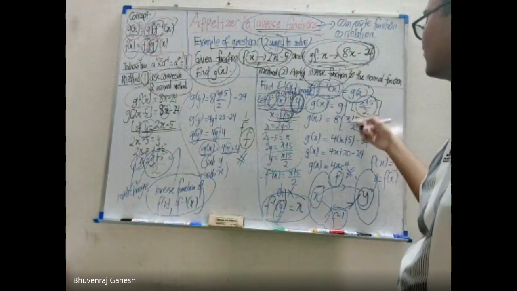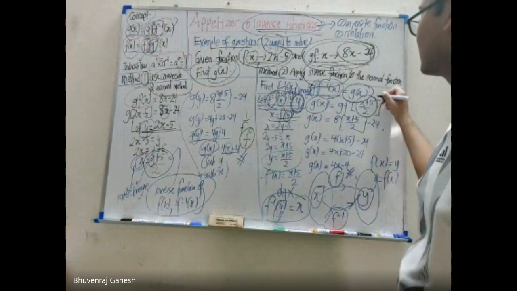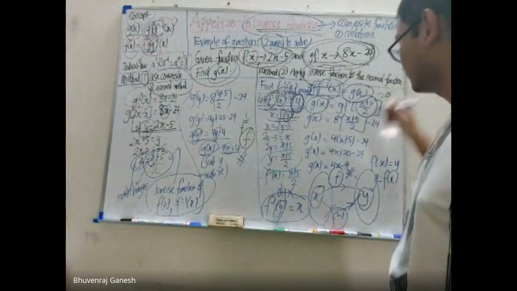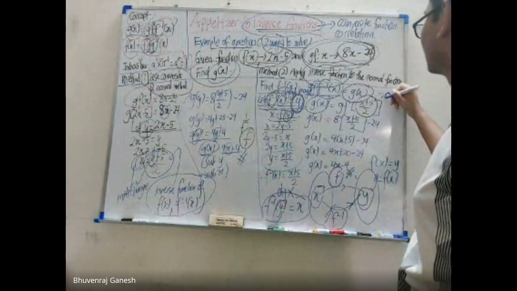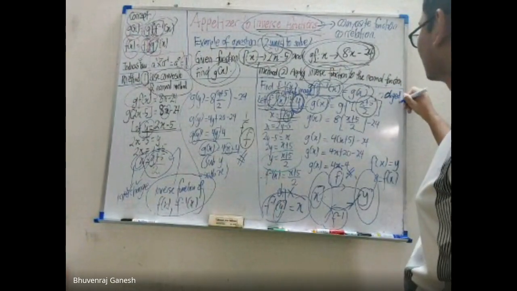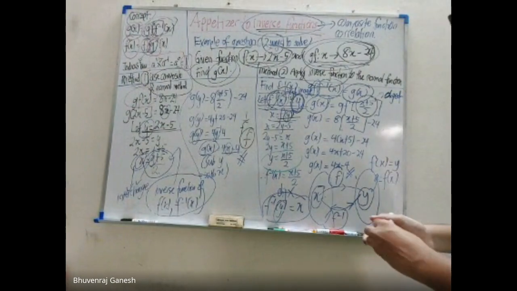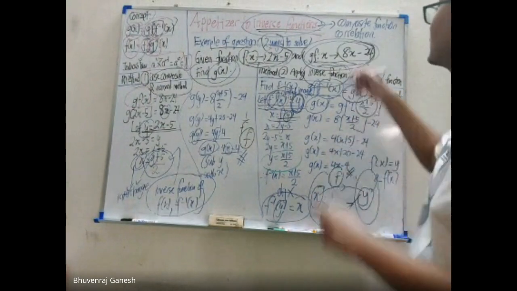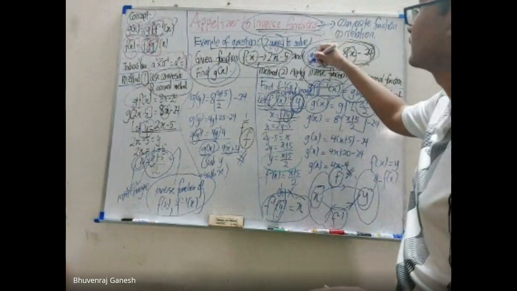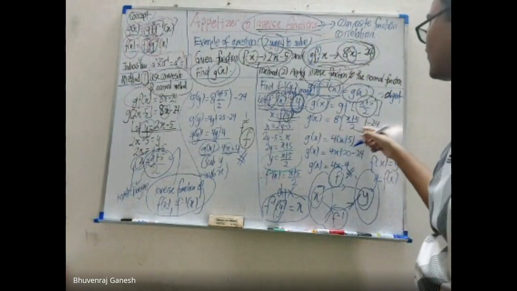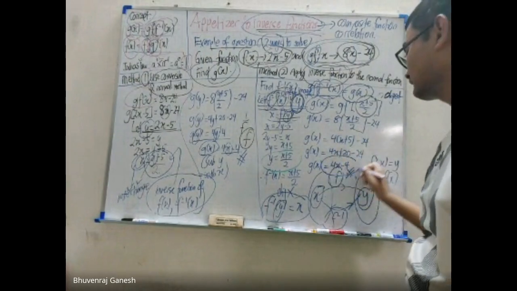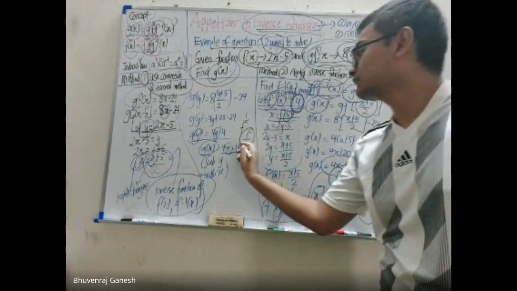So it's up here, and then this will in turn become your object. So when this becomes your object, you can substitute it inside here, because this is the function now, gf. So it will be 8 times (x plus 5) over 2 minus 24. So you solve, you will see that you will also get the same answer here.